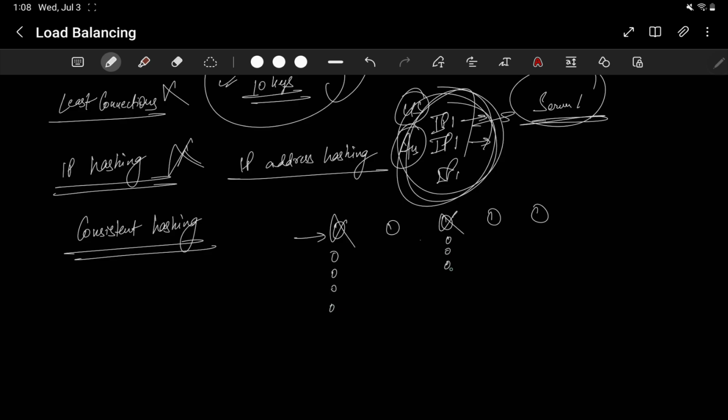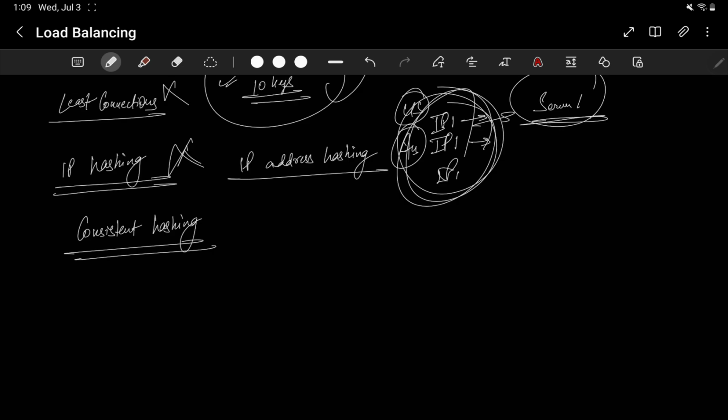Okay, there is possibility that it may go here, right? But what if it comes up again? It's active. Now what happens? We do not have any way to know that this is active, and we do not have a way to dynamically balance the number of servers. So that is where the drawbacks of these other approaches come in, and consistent hashing addresses all those.